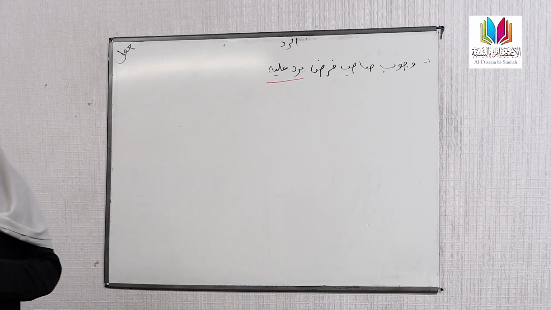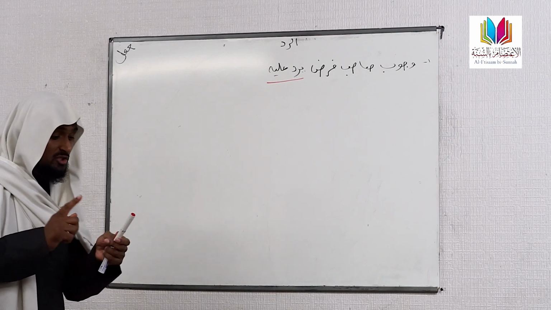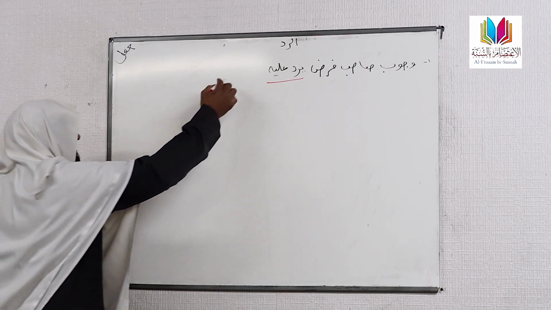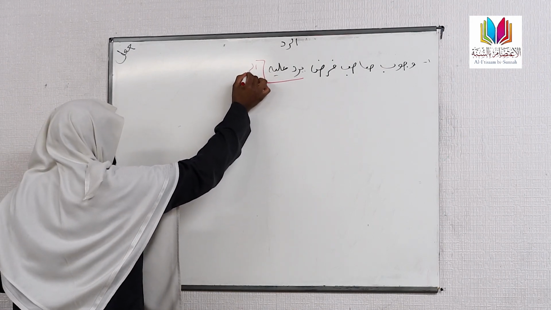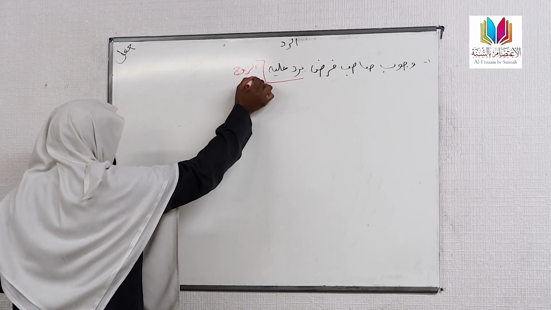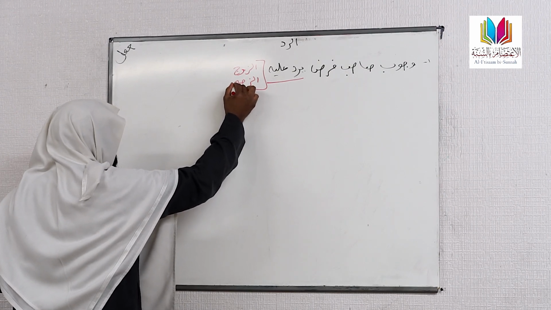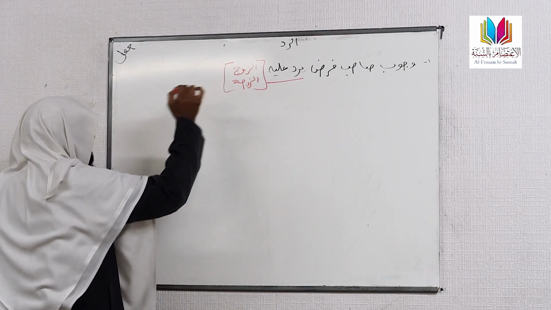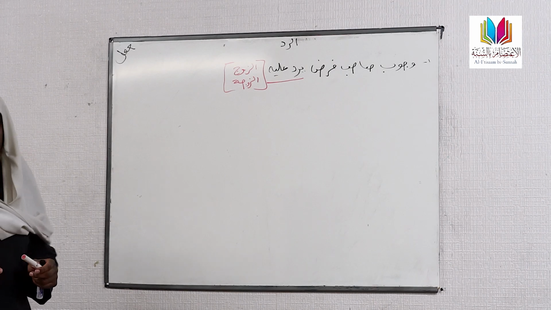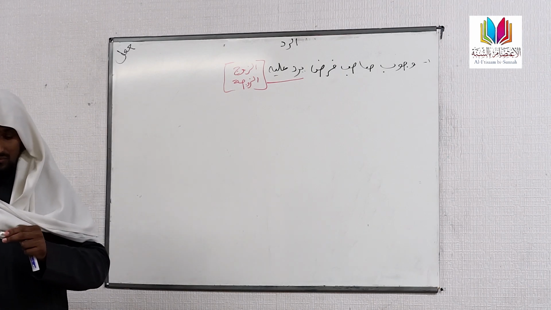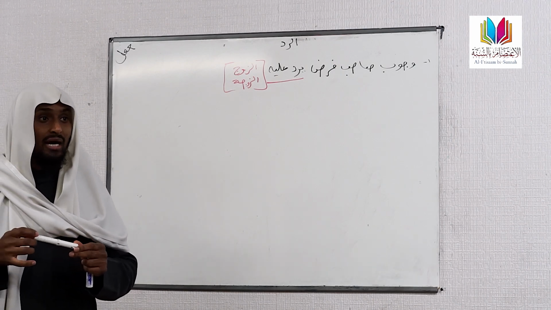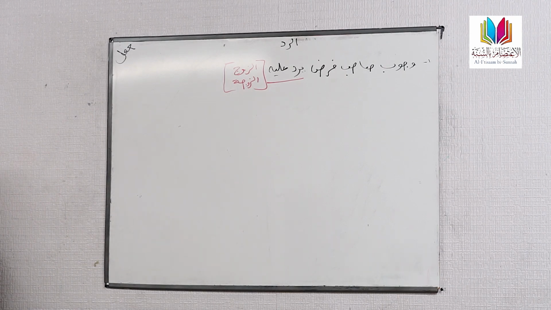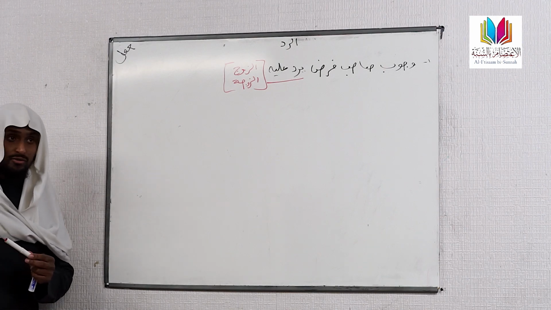Out of all of those people that have been given a specific portion, the only two that are not entitled to anything back is the Zawj and the Zawja. The Zawj and the Zawja, they don't get anything back. Nothing comes back to them.